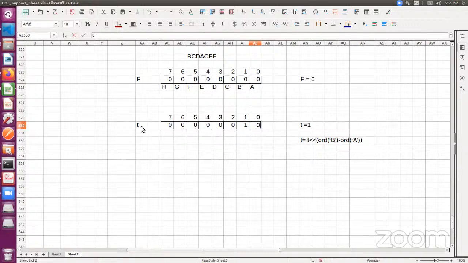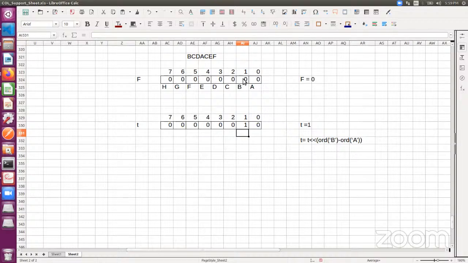Now we have made T represent B. The next task is to check whether this particular character is already present in flag or not. If it is not present, you have to mark the corresponding location to 1 without affecting the rest of the positions. If it is already present, then I have to return false, which means not unique.